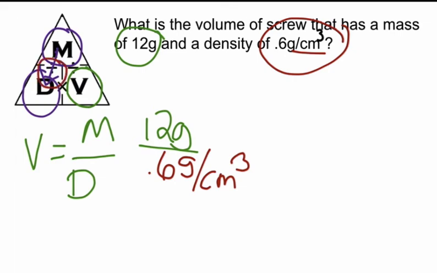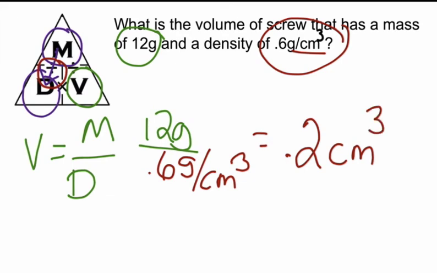12 grams divided by 0.6 grams per cubic centimeter would be 0.2 cubic centimeters, or 2/10 cubic centimeters. And how did I come up with that?